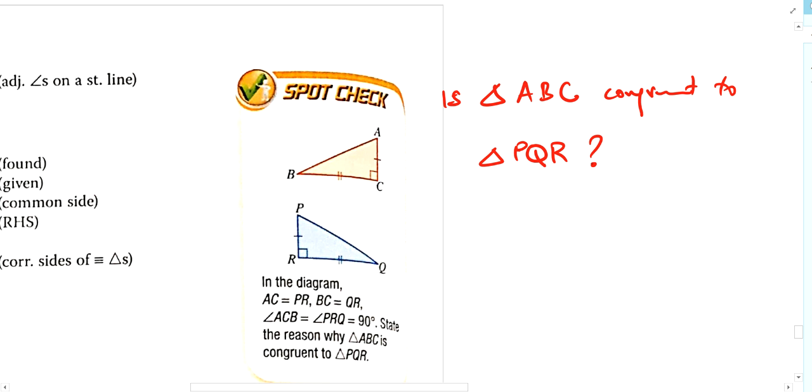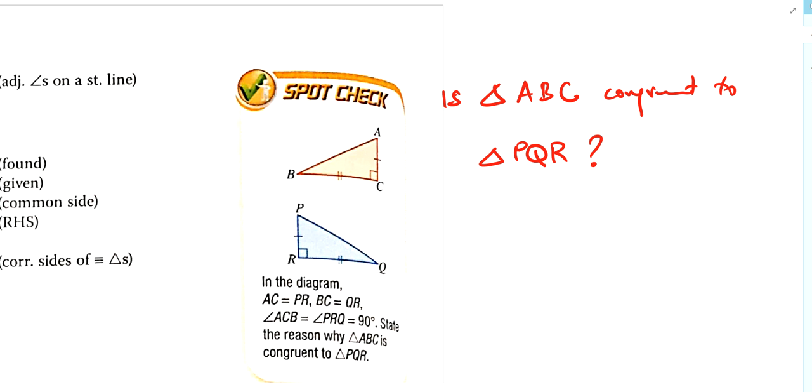Yes? Okay, what's the reason? Can I use RHS? Do I have hypotenuse over here? I cannot prove that the hypotenuse is the same, so I cannot use the RHS test.